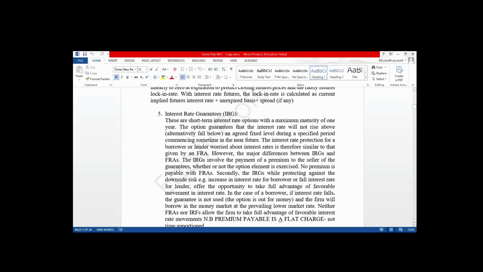Interest rate guarantees are short-term interest rate futures with a maximum maturity of 1 year.